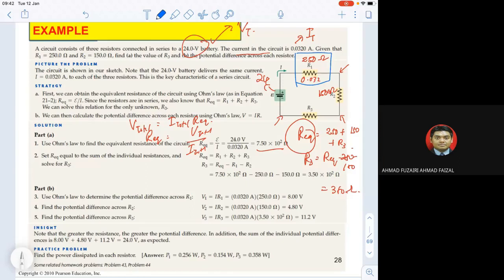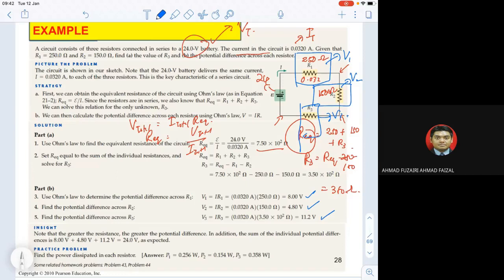This is V1, this is V2, and this is V3. Look at the values: V1 is 8 volts, V2 is 4.8 volts, and V3 is 11.2 volts.